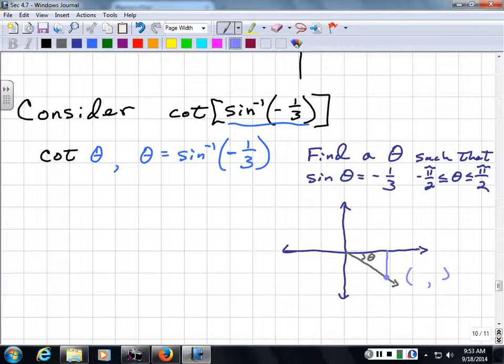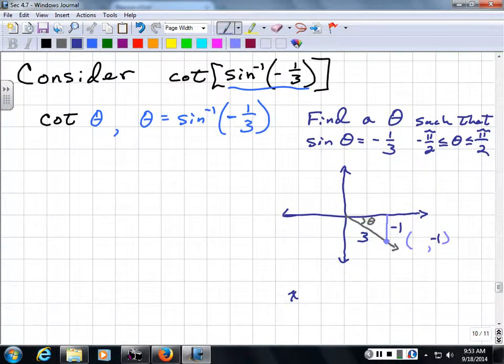The sine of theta is negative 1/3. The 3 is going to be the hypotenuse, and this negative 1 is going to be the y value. So I'm going to put negative 1 right here and 3 right there. I know that y is negative 1, so what am I missing? I'm missing the x. That is not part of a Pythagorean triple, so I'm going to have to use the Pythagorean theorem to figure it out.